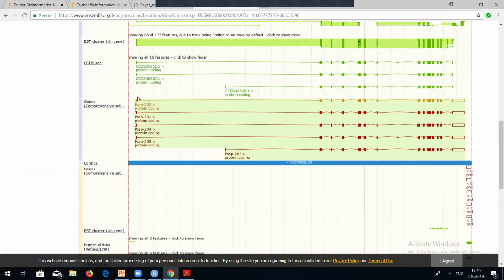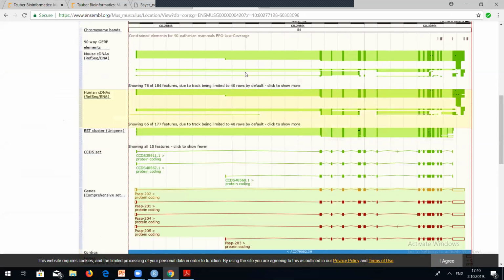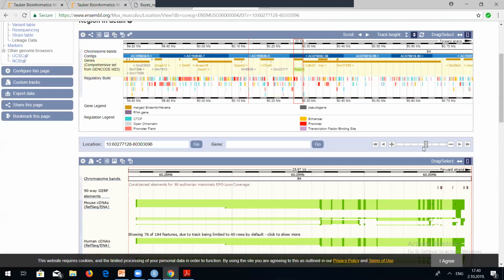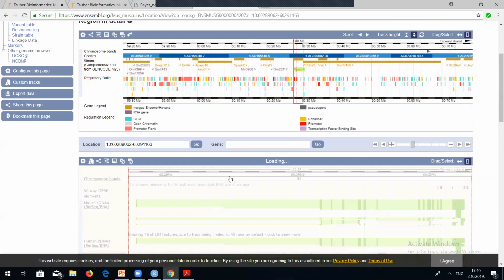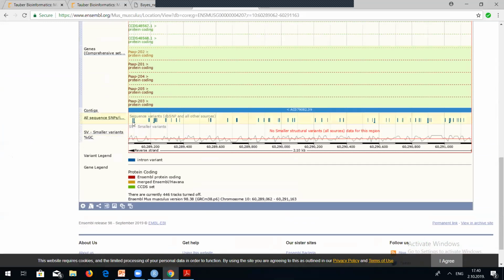How can we identify those SNPs? We could identify many other things here. We could zoom in on this, for example, and we would probably have a better perspective on those SNPs. Take a look at them. Now you can see each SNP individually. Let's say this change is interesting for me, right?